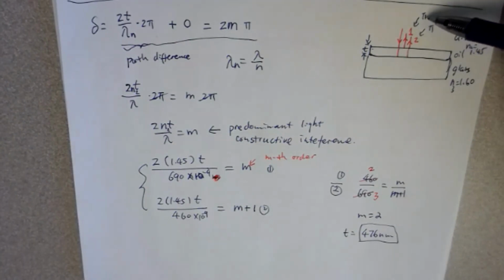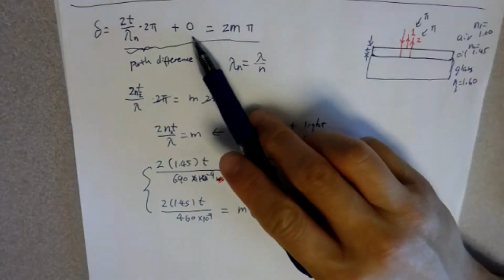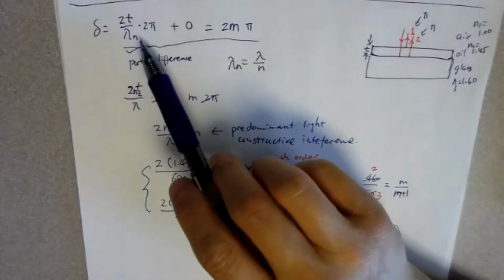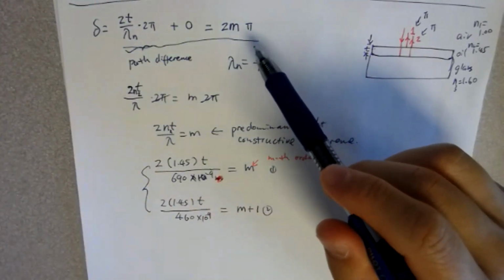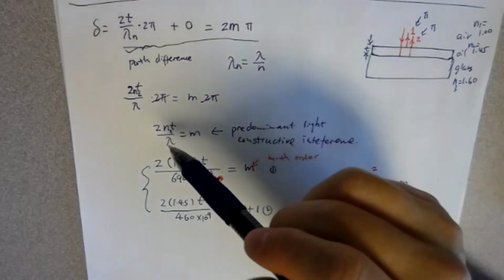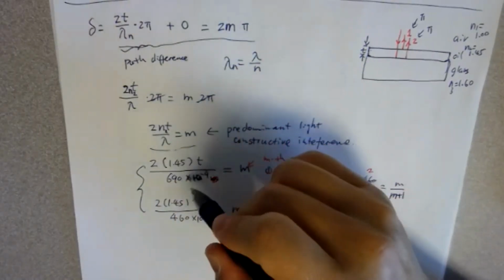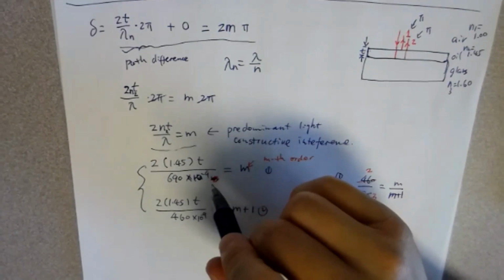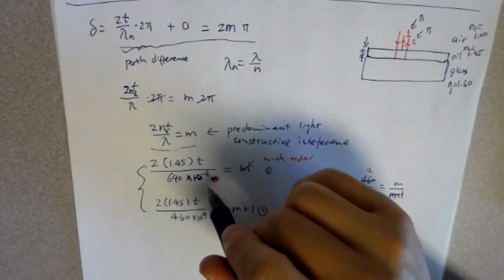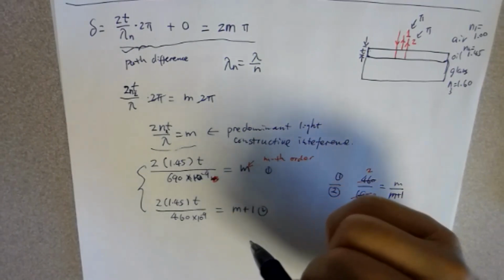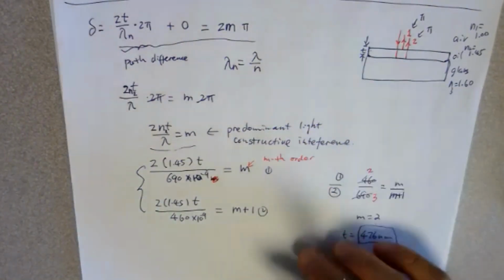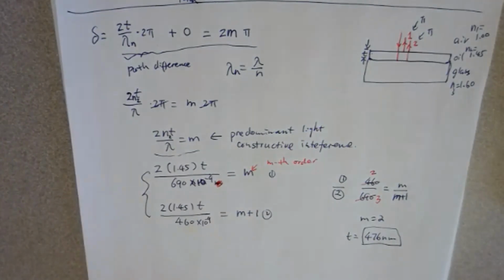If just one of them has the phase shift, then you end up with pi instead of 0. This is the path difference, which you write out as equal to 2 times m pi if it's referring to predominant light. Then you get this equation. Now apply it to the wavelengths given. If you are given just one wavelength, you apply it one time. If you're given two of them, apply it twice. Starting from that point, you should be able to solve the problem.